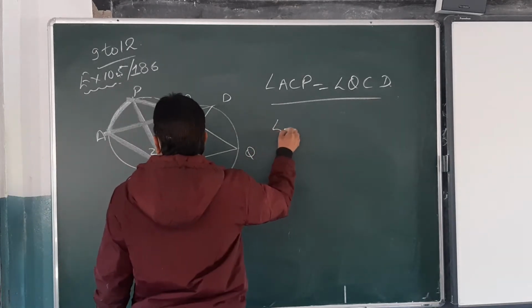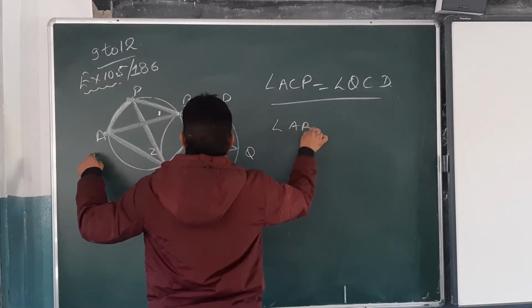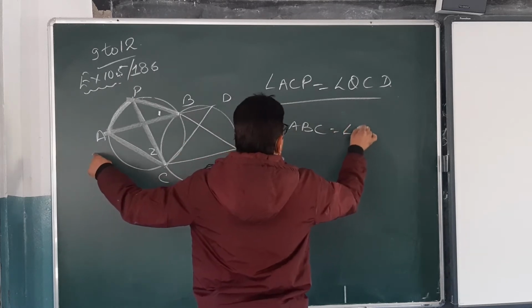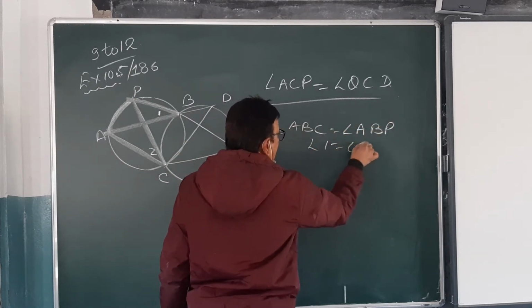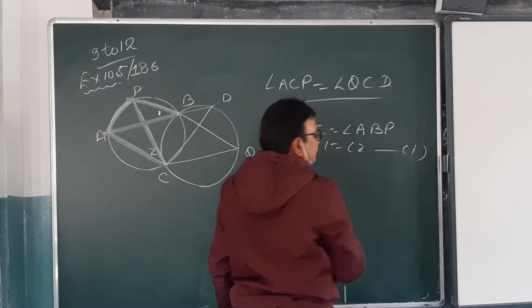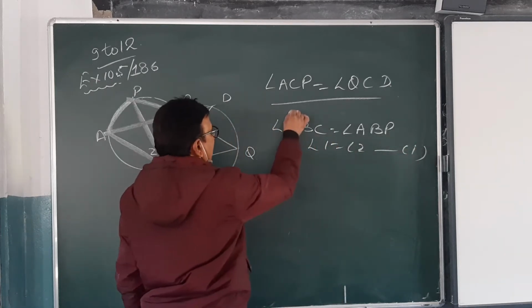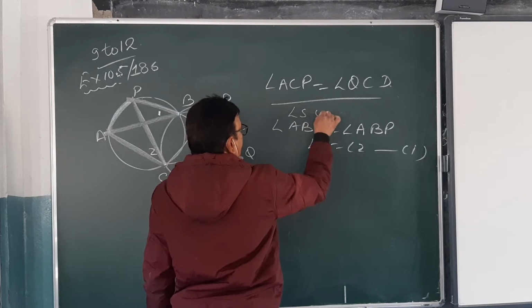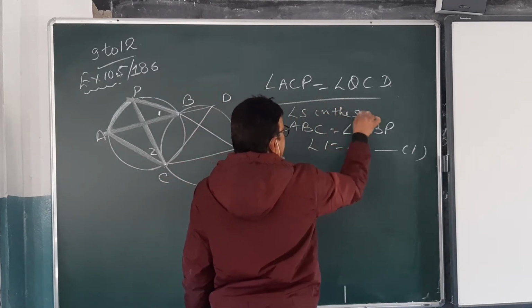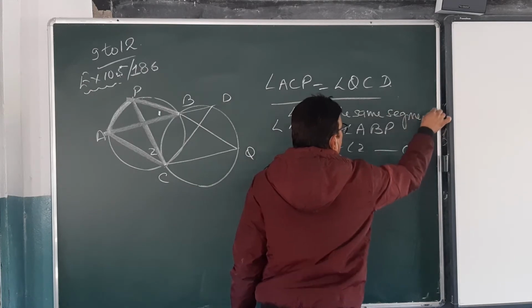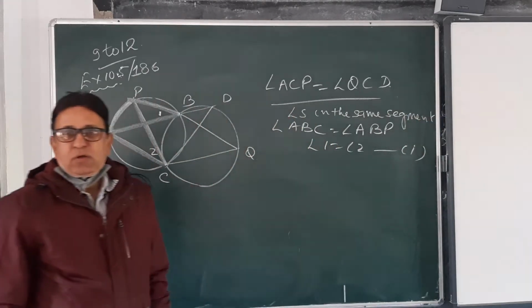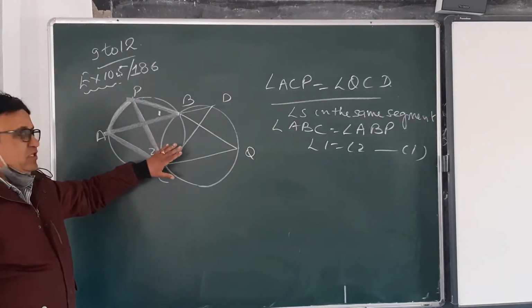Simply write here angle ACP equals angle ABP, and we are saying angle 1 equals angle 2. Angles in the same segment are equal, right? Now I have taken this for this circle.